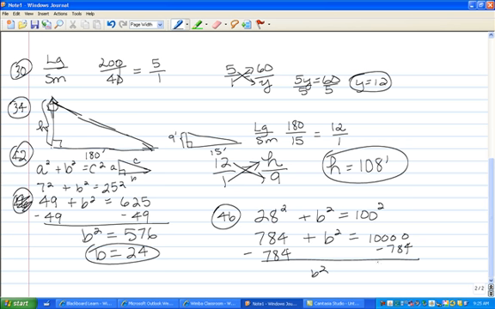We get 9,216. Can we take the square root of that? Let's see, square root of 9,216. Okay, it looks like they want us to round to the nearest whole number. So I'm getting 95.989, so that would be approximately 96.